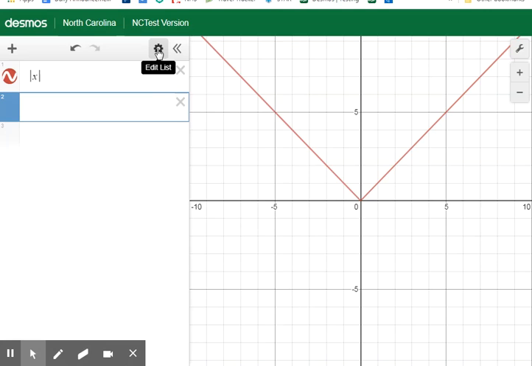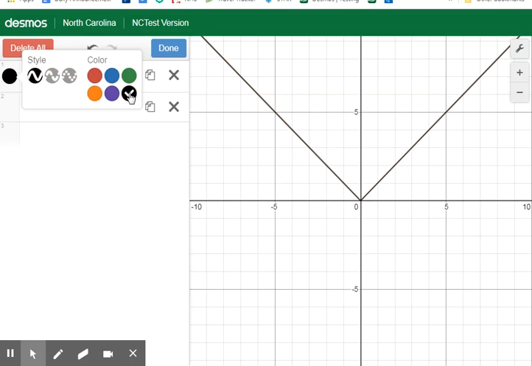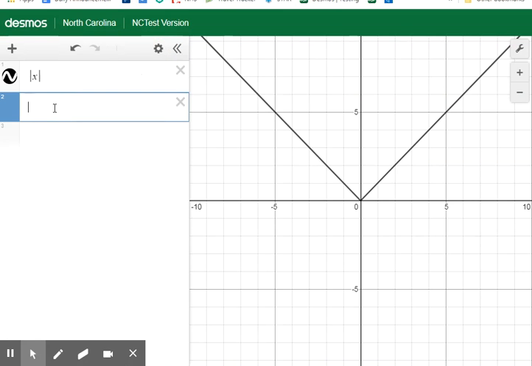If you've never done this before, I suggest that you click the little wheel above where you put in your functions. You can change the color of any of the functions that you graph. I'm going to make the original one black, so that I know what I'm doing when I'm comparing.